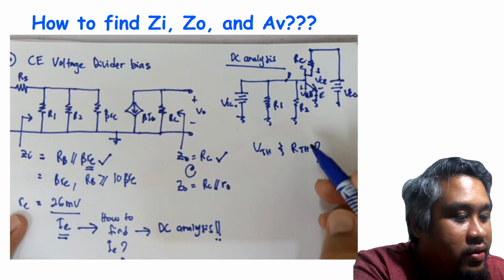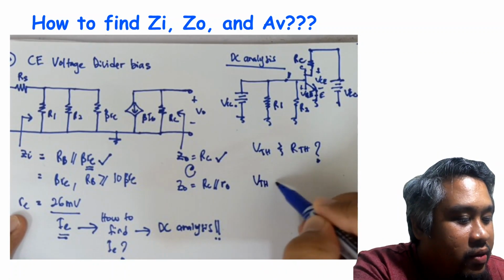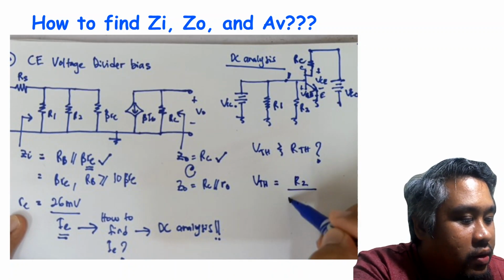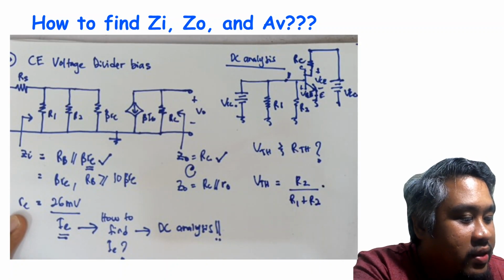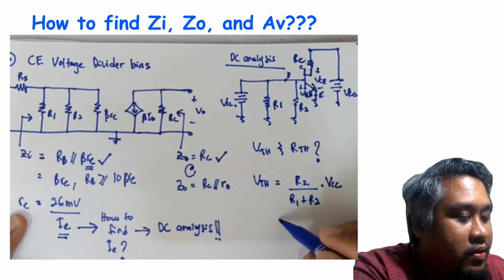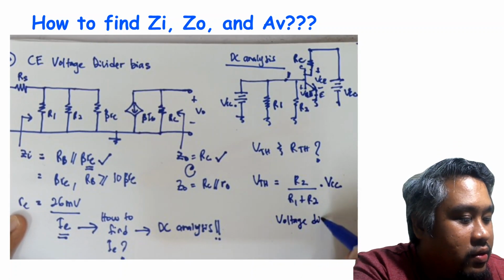So our VTH now equals R2 over R1 plus R2 multiplied by VCC. This is the voltage divider rule.